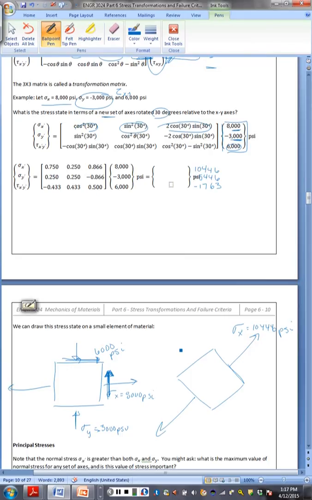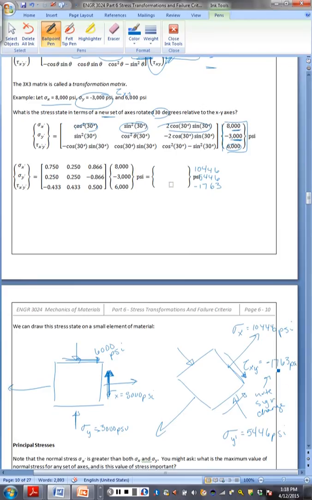We now have a slightly larger compression in our sigma y prime direction, 5446. And now here's the difference. We have a negative shear stress. So if we look at the plus x prime direction, we need to draw this shear in the minus y prime direction. So tau x prime y prime is minus 1763. So note that there is a sign change there.